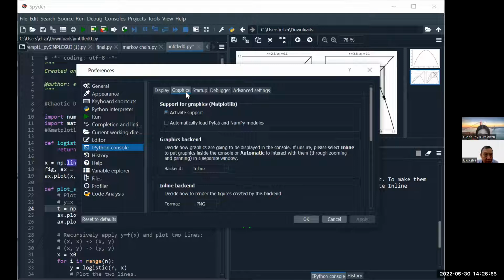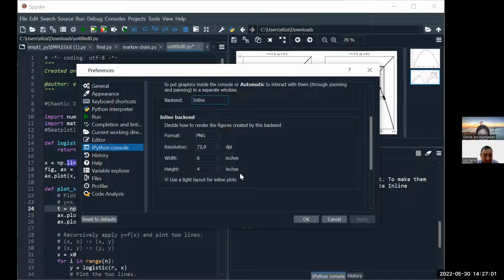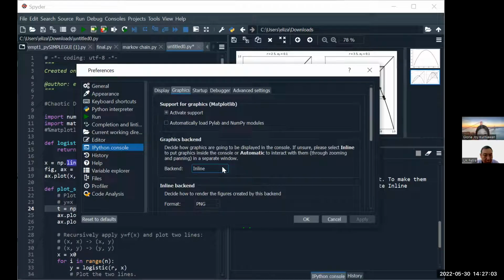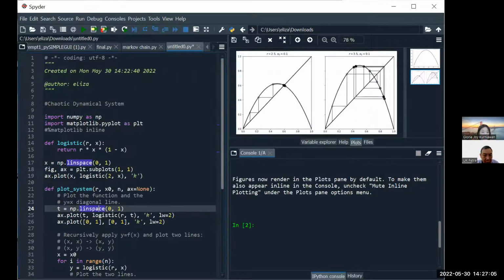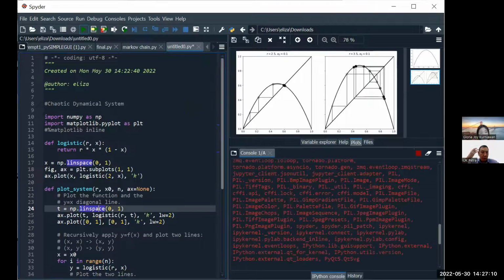Is that correct? Oh, it's already inline. Put it as automatic. And when you run again, I think it is supposed to be going out.